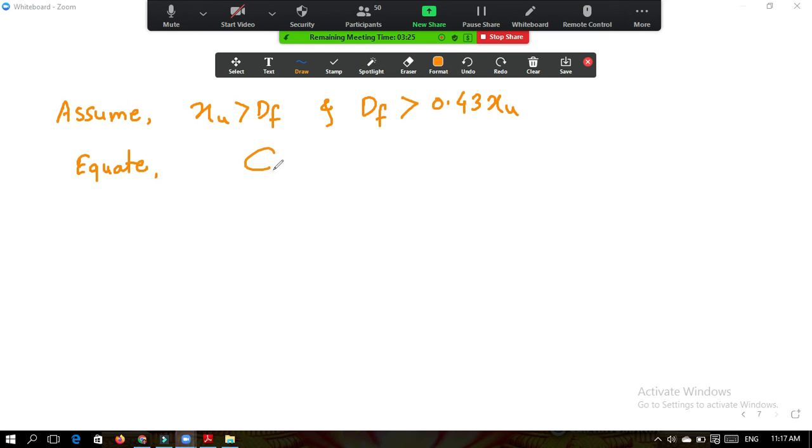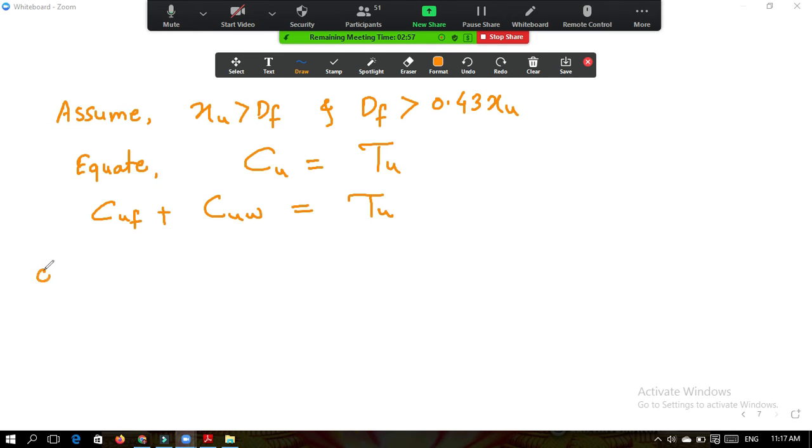Equate CU is equal to TU. Again you know that CU is nothing but CUF plus CUW, and TU is 0.87 FY into AST.